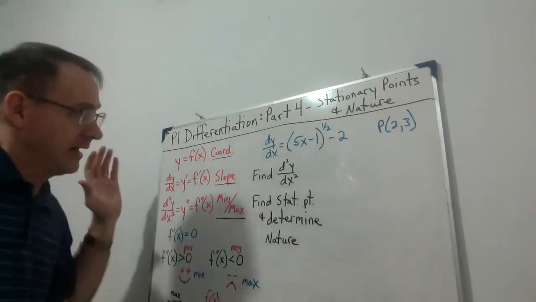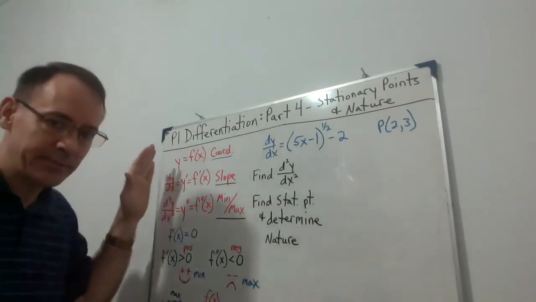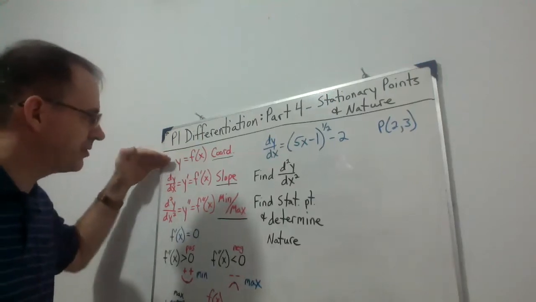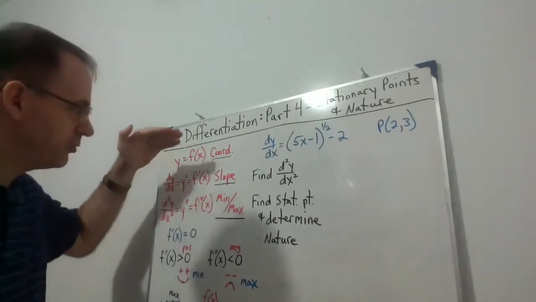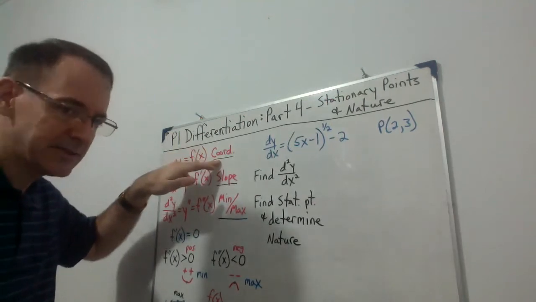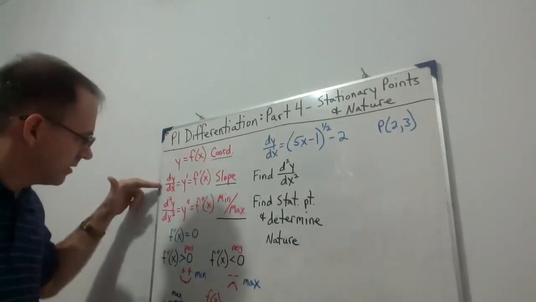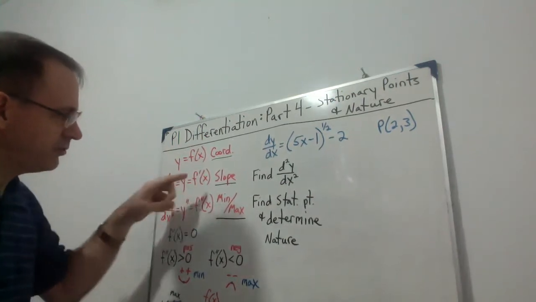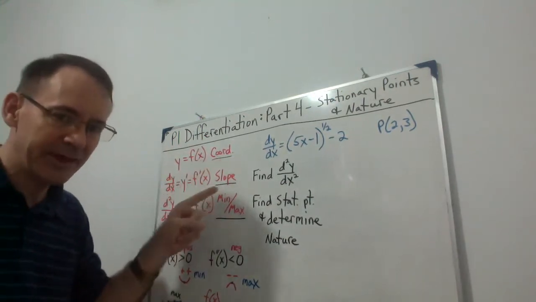And again, let me remind you of our general flow here. Our original function is what you use to find coordinates. Our first derivative is what you use related to anything to do with slope.